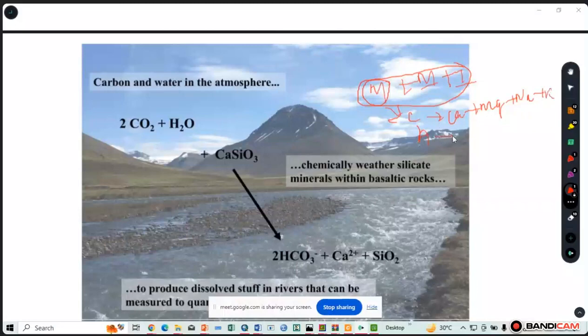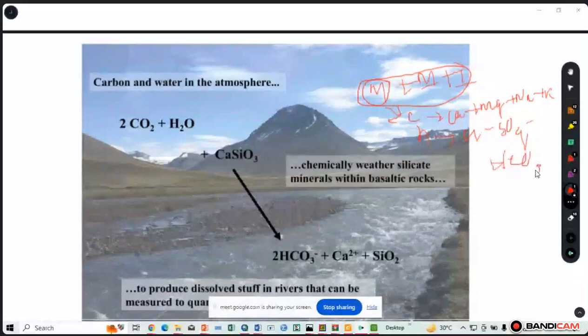Similarly, in the anions, you can find chloride, sulfate, SO4 2-, and bicarbonate, HCO3-. These are generally anions and these are generally cations: calcium, magnesium, sodium, and potassium.